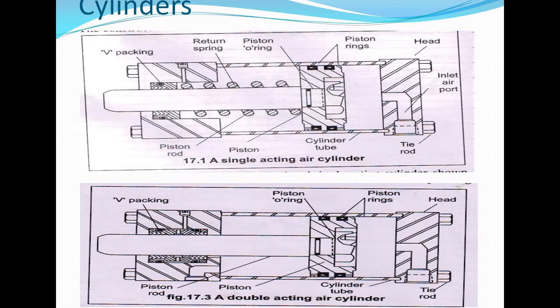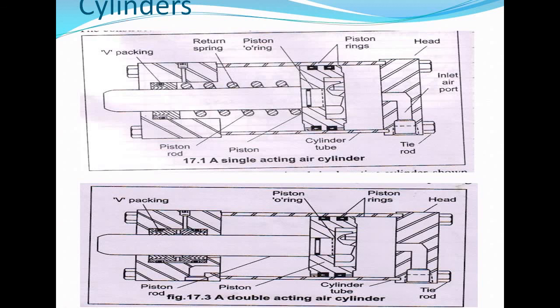So we will be having the forward motion of this piston when the pressure at this end exceeds the pressure of the spring. And if the spring pressure is greater than the pressure provided by air, then we will be having backward motion, or the piston will come to its original position.